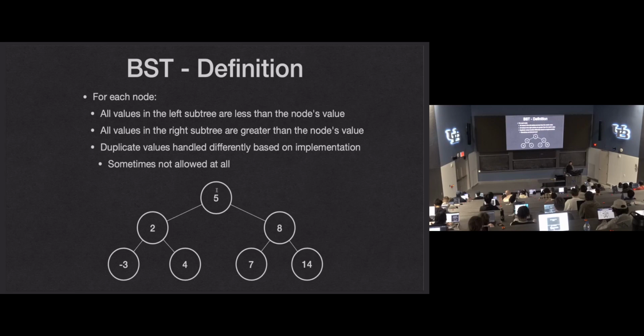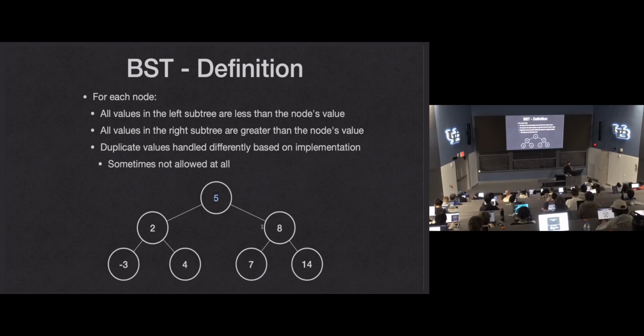All right, so a binary search tree is a binary tree with a specific property: for every single node in the tree, every value in its left subtree, which is the tree defined by its left child, so if that node were the root of a tree, that whole tree would be the left subtree, is less than that value.